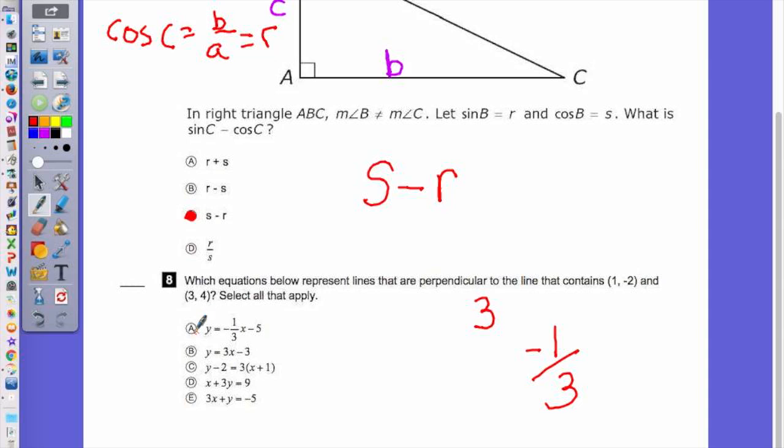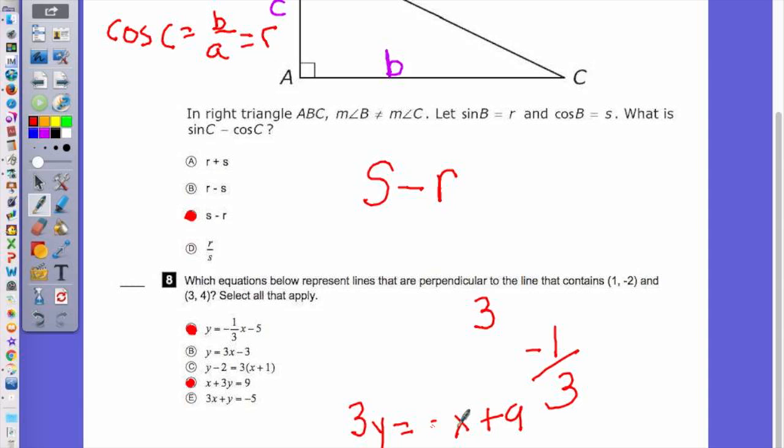Okay, so this has a slope of 3, right? Not perpendicular. This has a slope of 3, right? Not perpendicular. For D and E, I had to rewrite them into slope-intercept form. So I did 3y equals -x plus 9.